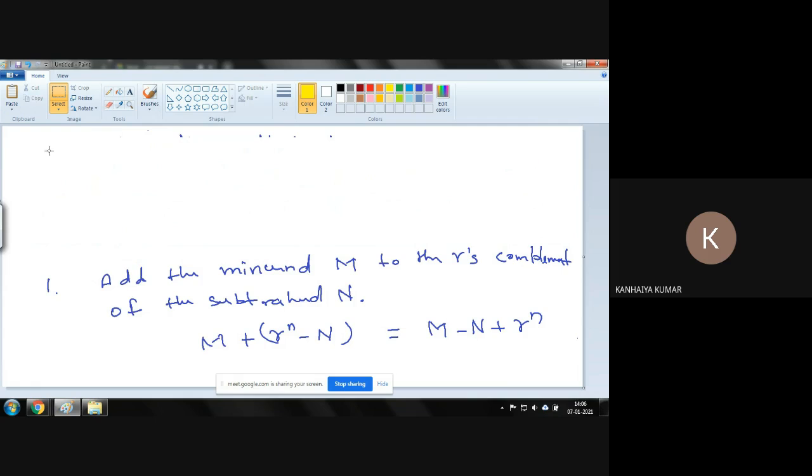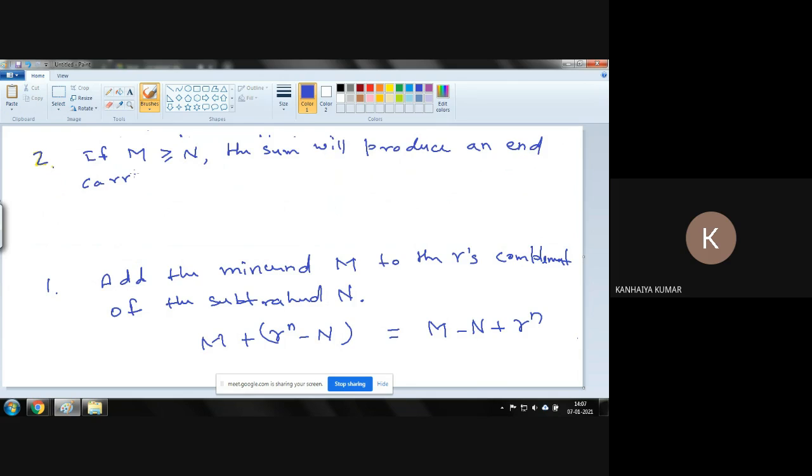So now what you have to do, okay, let me choose the blue color. Okay, so if m is greater than or equal to n, the sum will produce n and carry.